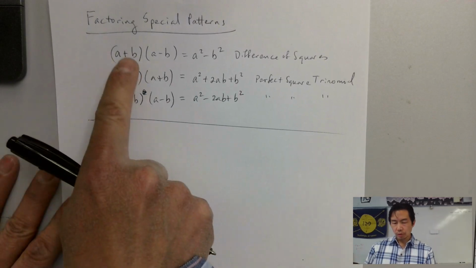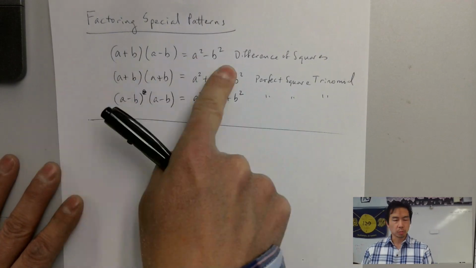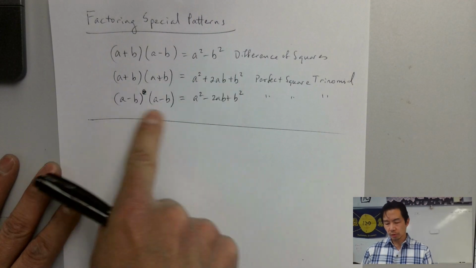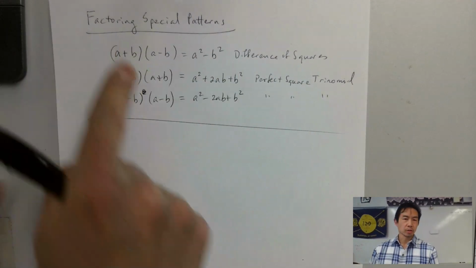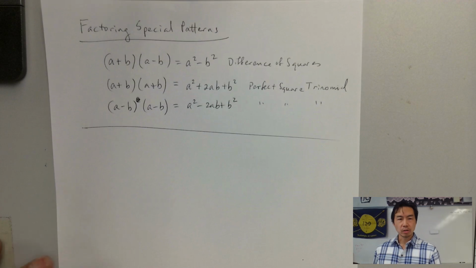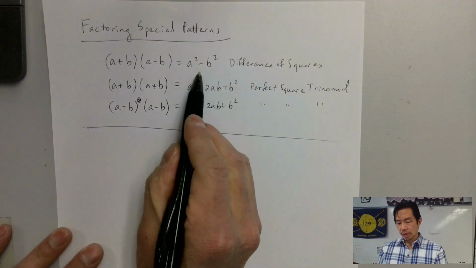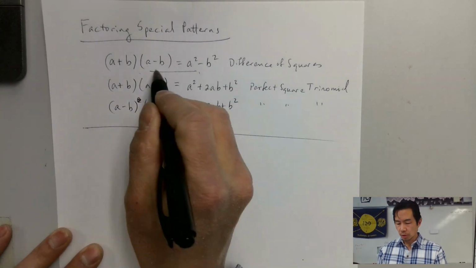So, as you know, going from left to right, this is multiplying. This is multiplying, this is multiplying. In factoring, since factoring is the opposite operation of multiplication, we will go from right to left. So we're going to go in this direction.